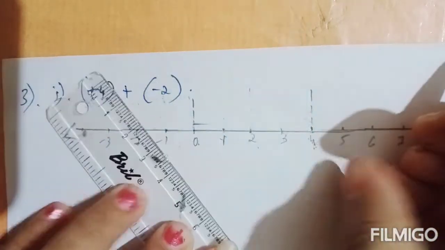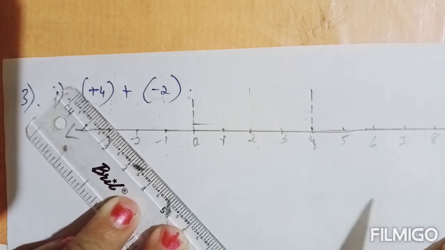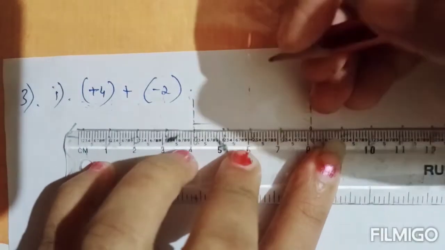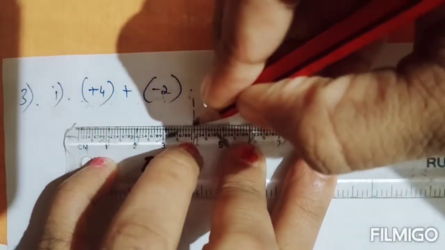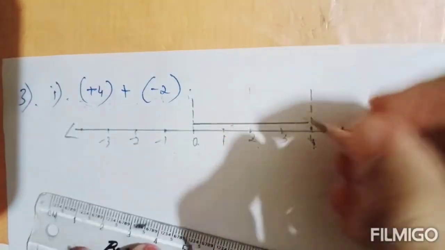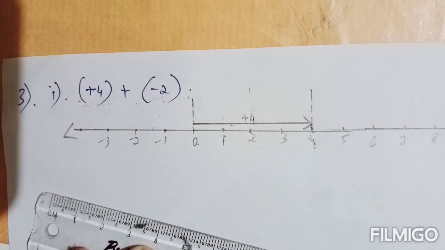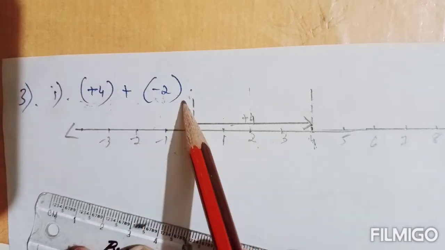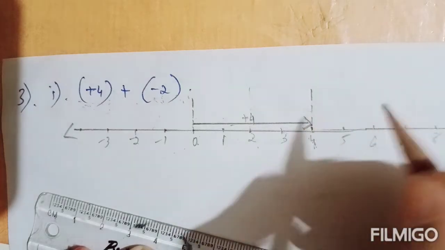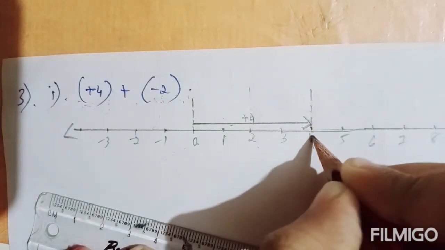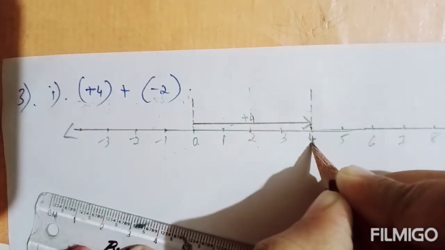So at 4, you can draw dotted lines. Okay, and draw an arrow. Like this, you can draw an arrow and you can write this is positive 4. Okay. Next integer it is minus 2. So starting from 4. Now you have to start from 4.